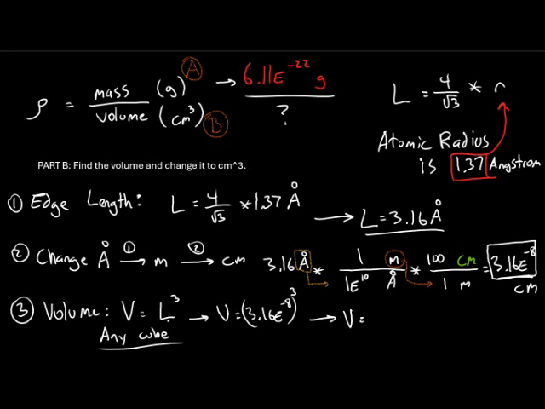Therefore, our volume is now 3.17 times 10 to the negative 23rd power, and the units will be centimeters to the third power. This is because we previously had centimeters inside. When we raise the centimeters to the third power, we'll get centimeters cubed.